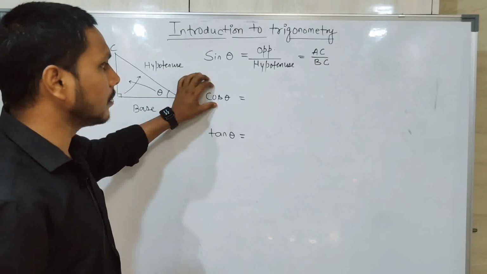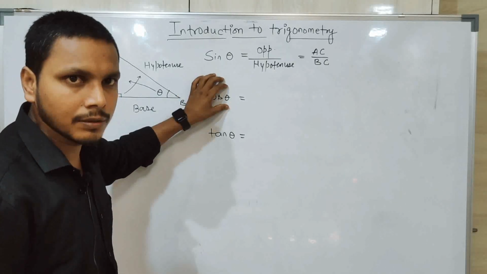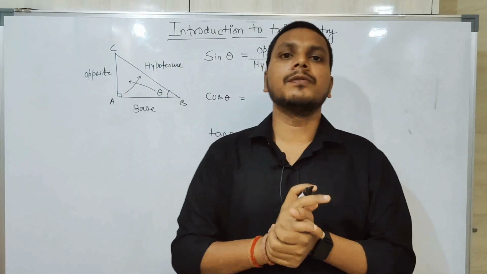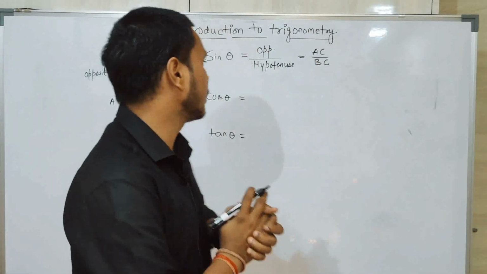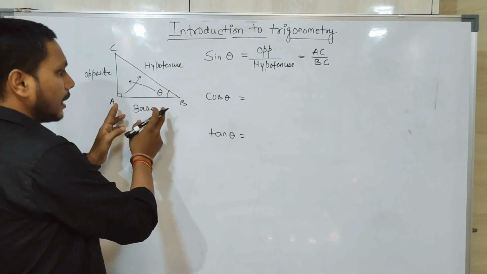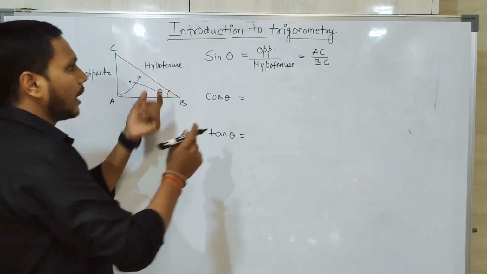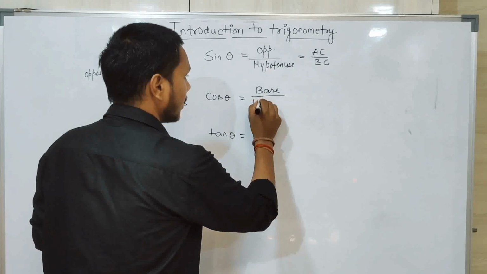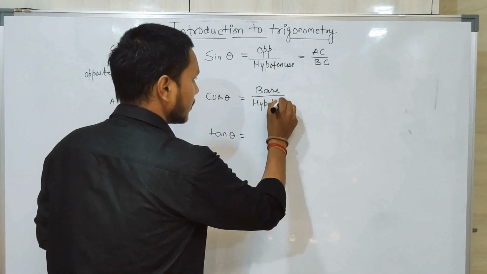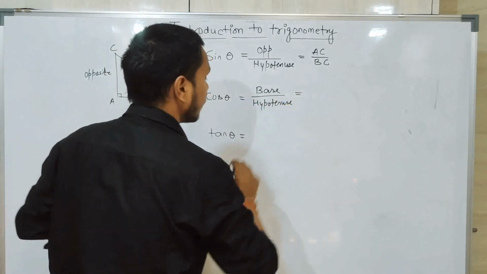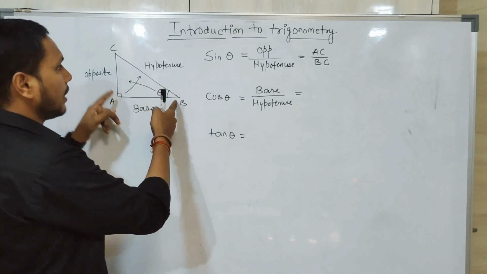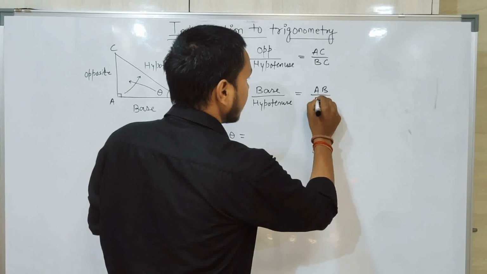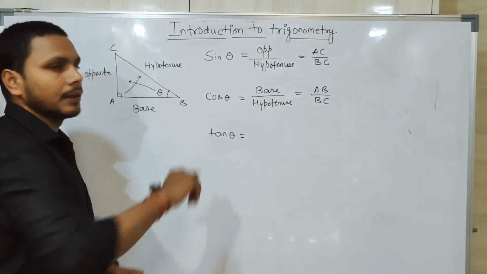Similarly, if you want to find cos theta, the simple formula in ratio form is base upon hypotenuse. In side form, you will get AB by BC.